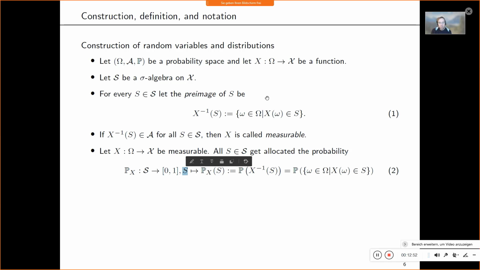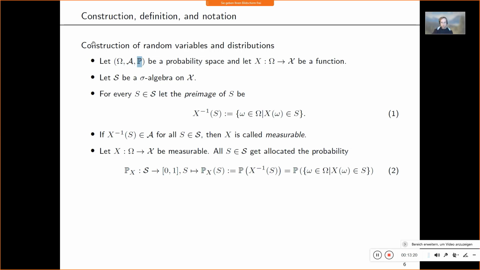For each S, which is a subset of X, it allocates a probability which we denote by Px(S), and this probability Px(S) corresponds to the probability of the pre-image of S under the function X that is defined by the definition of the original probability measure on the probability space.